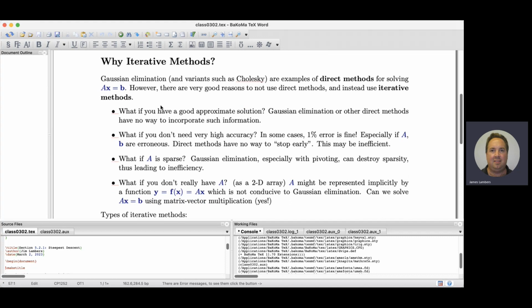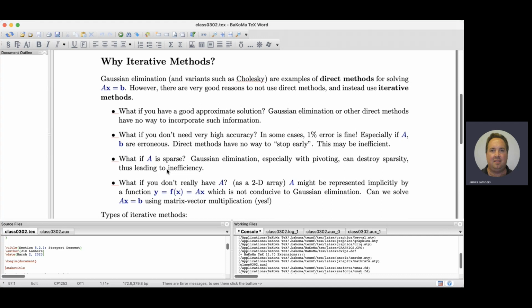If a matrix is sparse, as I mentioned earlier, for certain sparse matrices like the banded matrices we saw earlier, pivoting can lead to fill-in. It can destroy sparsity. Fill-in is getting non-zero entries outside of a band. So we need some way to deal with sparse matrices, which are very important in a lot of applications.